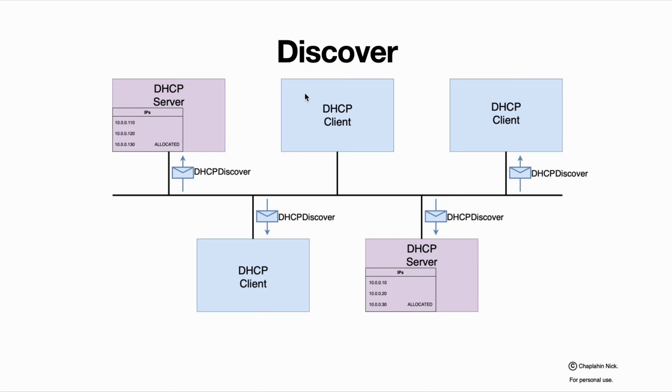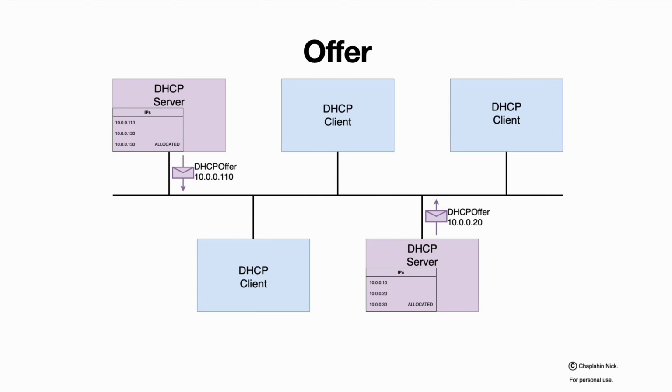Let's imagine that our client is looking only for an IP address. Some new device appears in the LAN and wants to receive an IP address. It starts with DHCP discover, saying, are you a DHCP server? Can you please give me an IP address? Every device receives this, and non-DHCP servers drop the packet. DHCP servers review their configuration databases, picking free IP addresses.